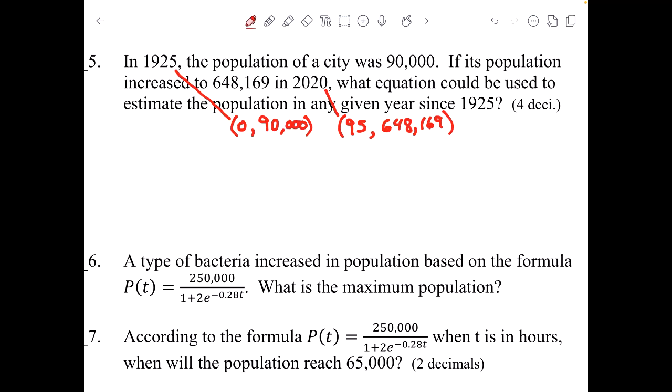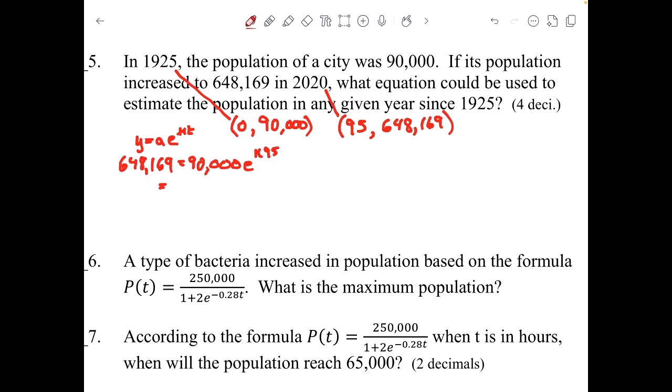So using the basic equation of y is equal to a e to the kt power, if I start by saying my initial value was 90,000, my ending value in 2020 was 648,169. I don't know what my k value is, but my t value in this particular year was 95 years later.